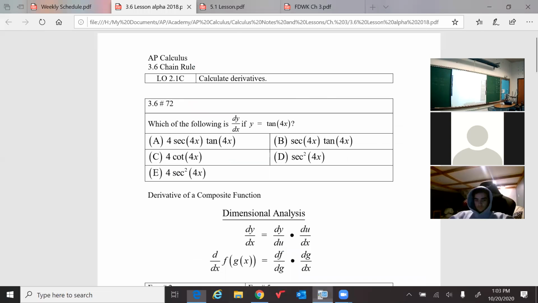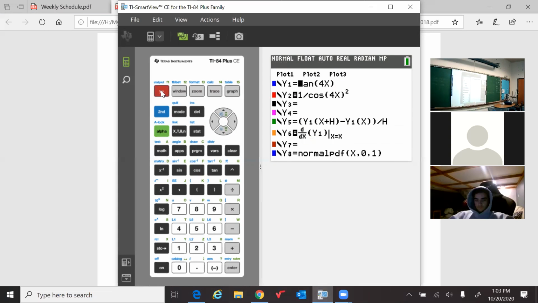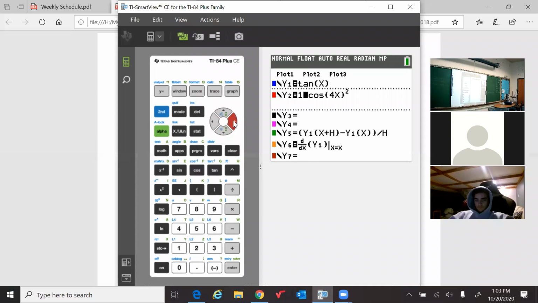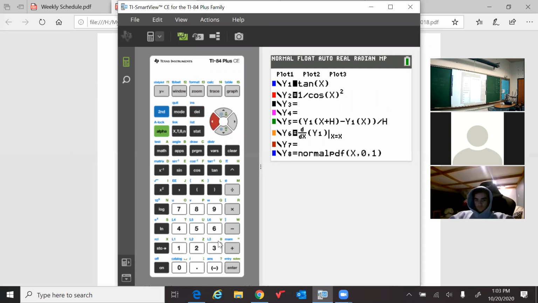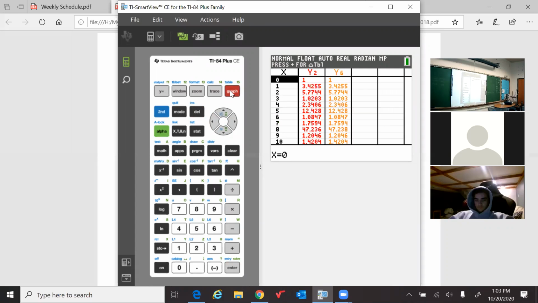If I went here and said, let's make it tan x, and 1 divided by cosine squared x, and I go up here and I turn off y1, they do match. So the derivative of tangent is secant squared. You agree that it looks like the 4 is the culprit here. We got a problem with that 4. What's going on?